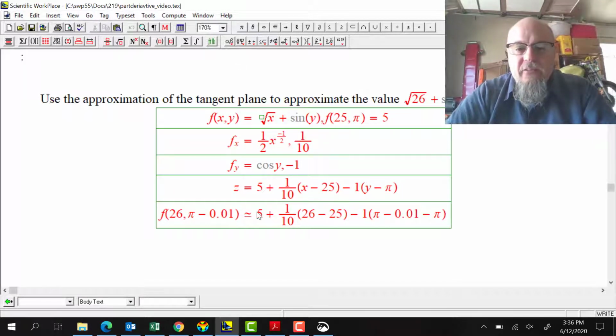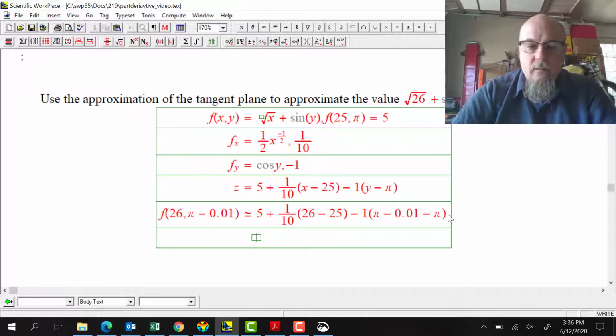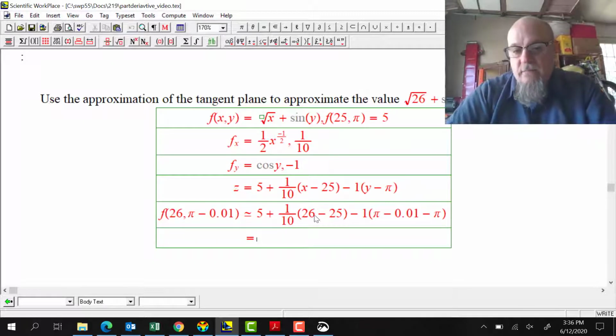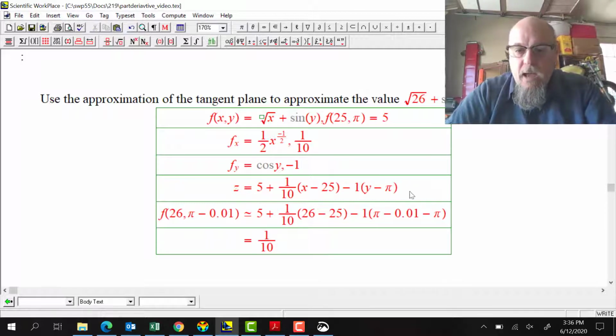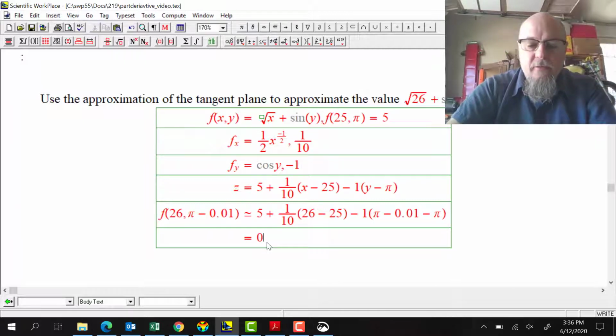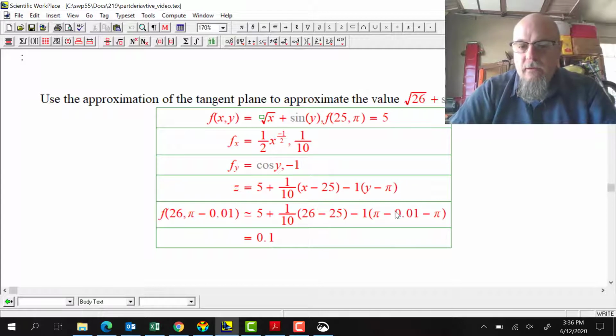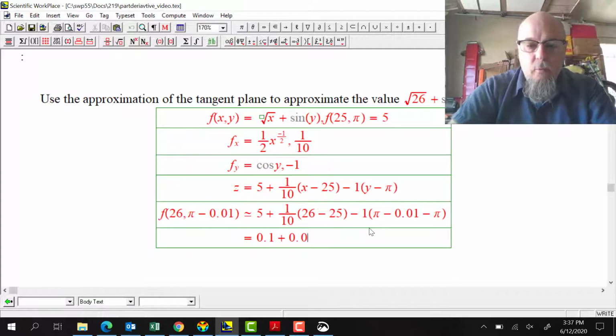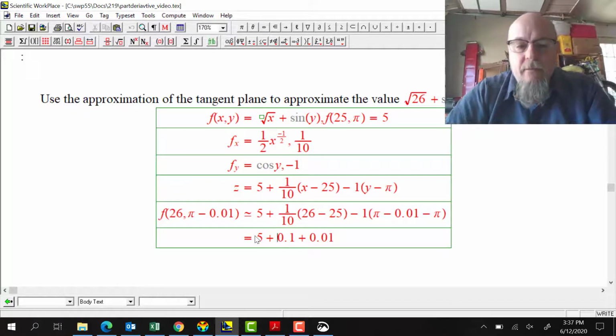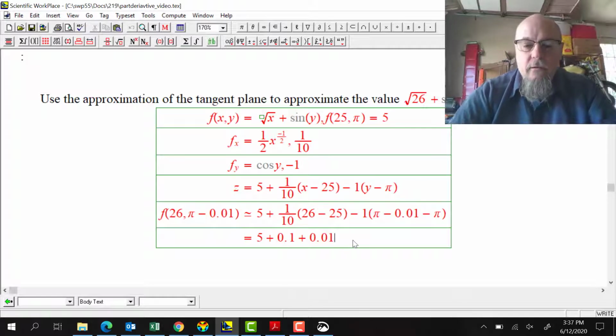And now we can clean this up, because that's 1, so there's a tenth. Pi minus pi cancels. Let's write this tenth as 0.1, because this is going to be minus 1 times minus 0.01. That's going to be plus 0.01. So my answer, I knew it was going to be 5 and a bit. It's 5.11.